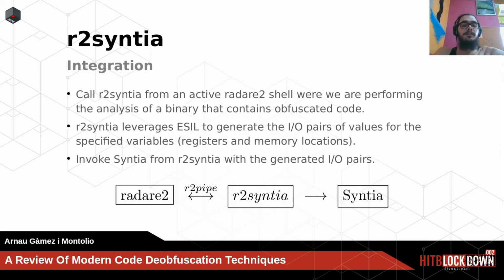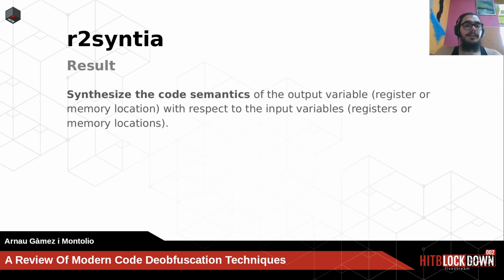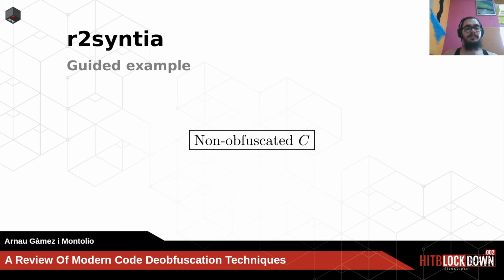Once we have that, we invoke Cynthia from R2Cynthia with the generated input-output pairs and also some configuration variables. The result is that we will be able to synthesize the code semantics of the output variable, a register or memory location, with respect to the input variables, again registers or memory locations. So let's go into a guided example that will serve as an illustration of the process and what we are actually talking about.